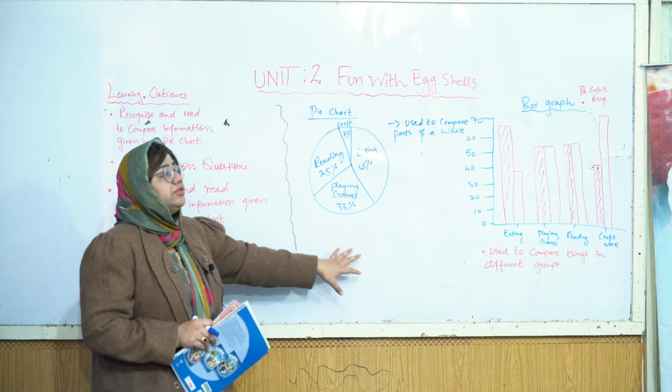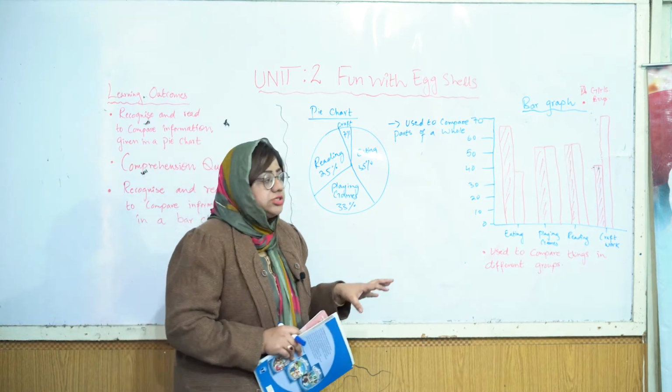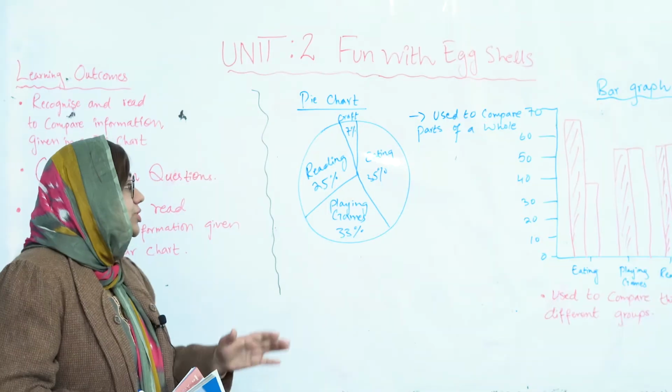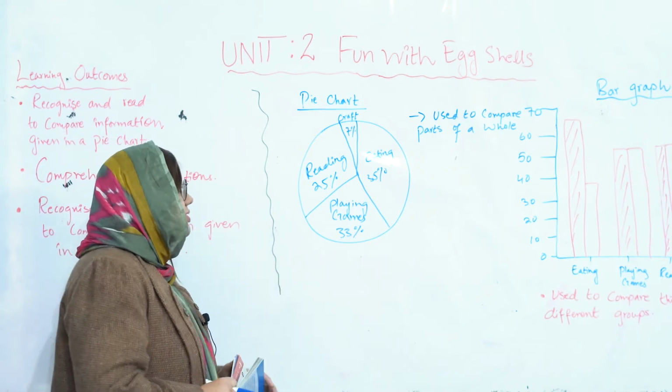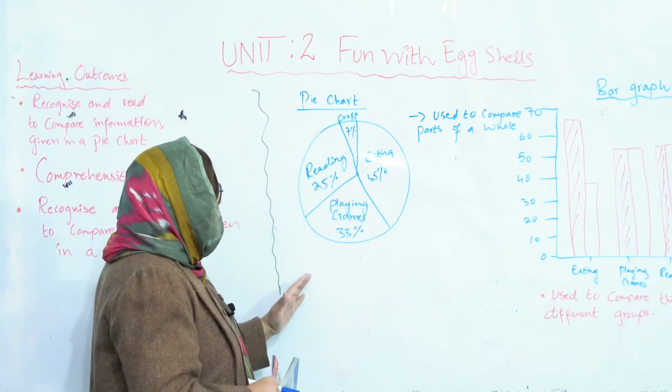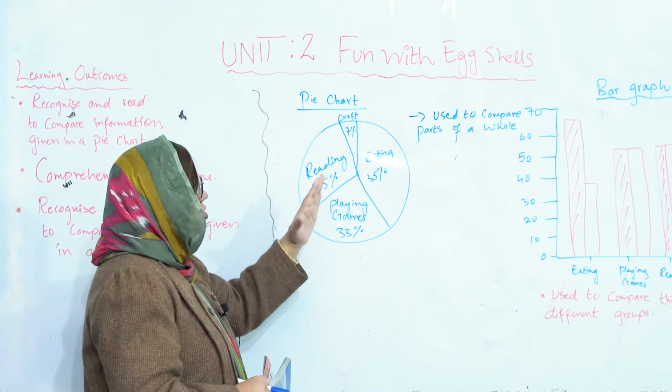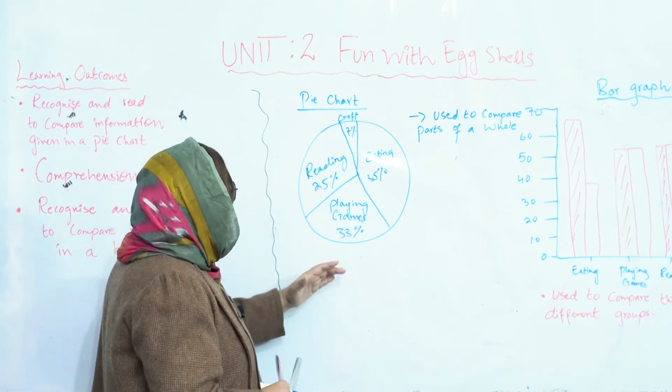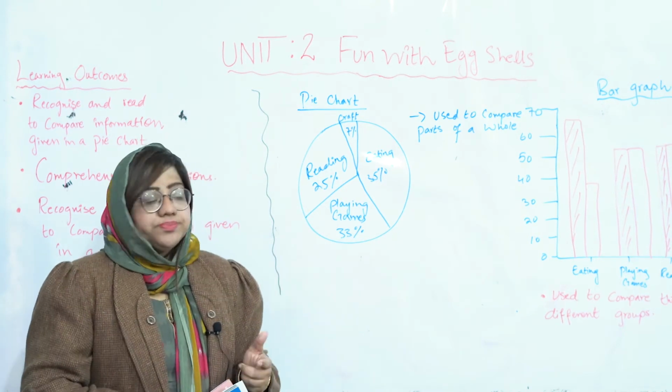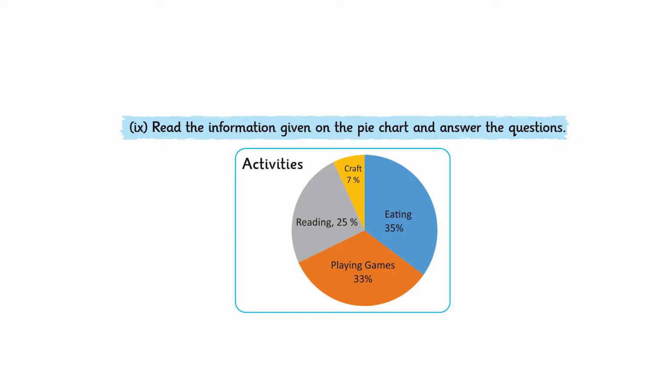Now move to another important topic of that lesson, that is the pie chart. As you can see in the concept board, there is a circle that is divided into some kinds of portions. What is a pie chart? That is a question. Pie chart is used to compare parts of a whole.